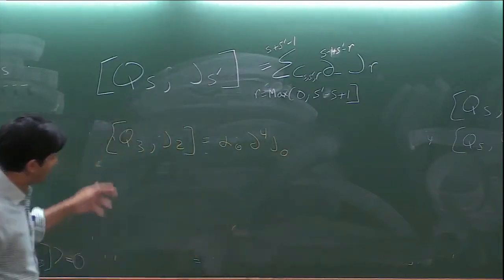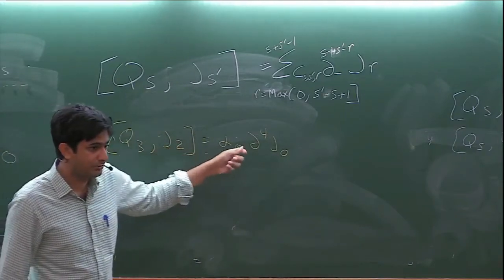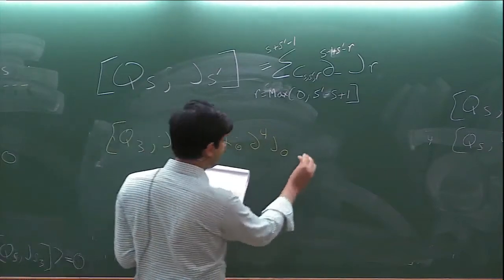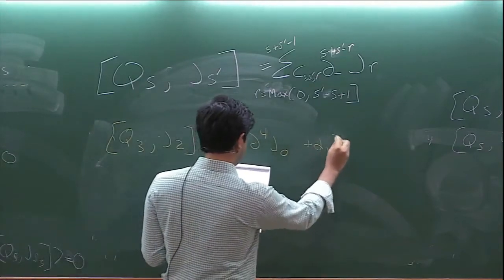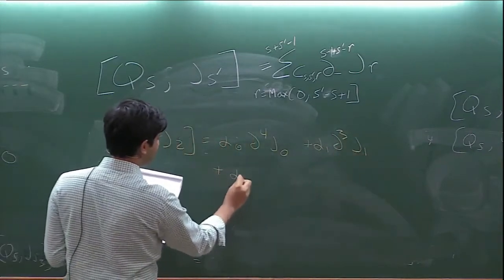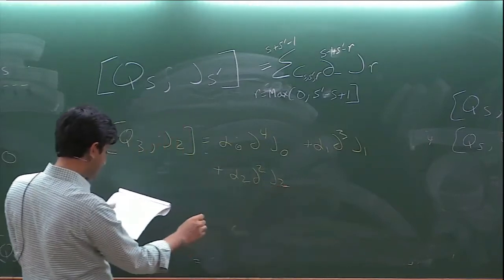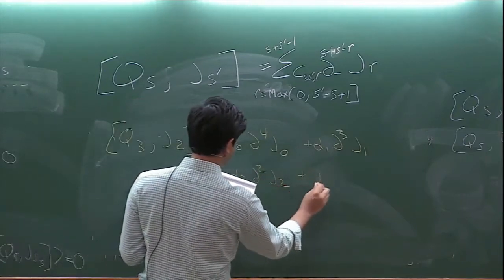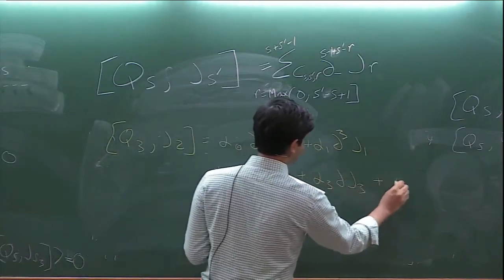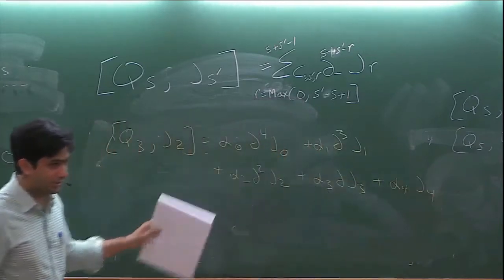If we're in the bosonic theory, the total spin is 4, so you have 4 derivatives acting on J0 with some unknown coefficient, plus 3 derivatives on J1, 2 derivatives on J2, 1 derivative on J3, and also a J4.